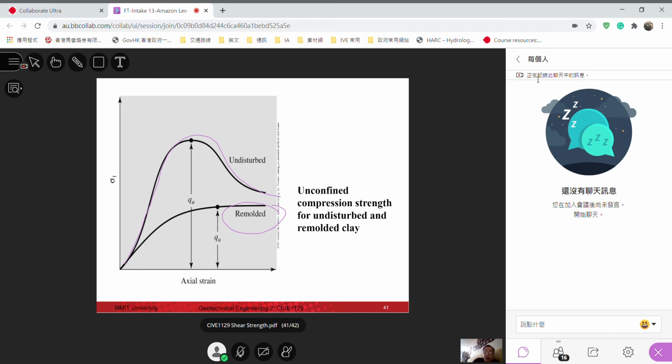The remolded soil may be disturbed during the sampling process. Sampling, handling, testing process will change the structuring response. Okay, reduce the ultimate strength of the material, reduce the initial stiffness of the soil. So it doesn't truly reflect the actual soil behavior, which is not good.